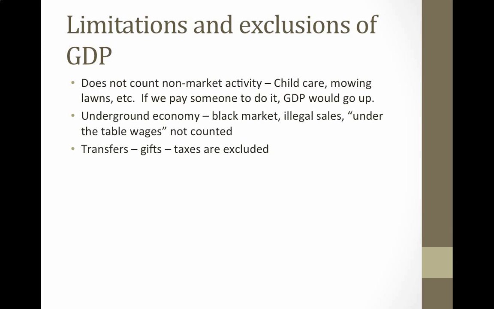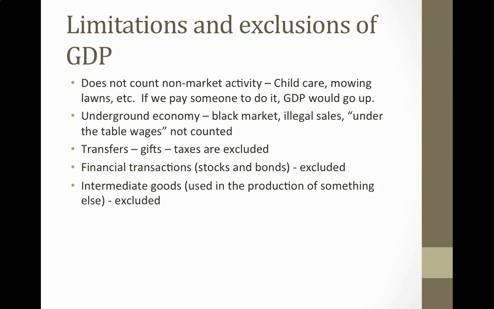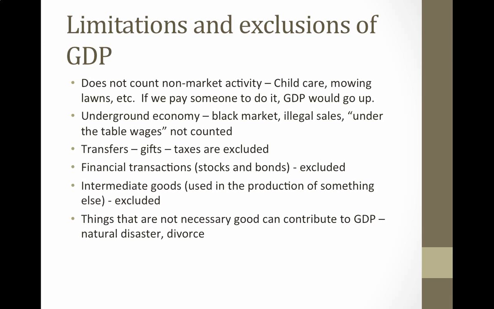Transfers, which are gifts and taxes. If someone gives you a gift, we're not producing anything. And then taxes, where you take money from one group of people and give it to another. It's just a transfer of wealth, and it's not production. Financial transactions: we don't include stocks and bonds in gross domestic product, and I've already said we don't include intermediate goods.